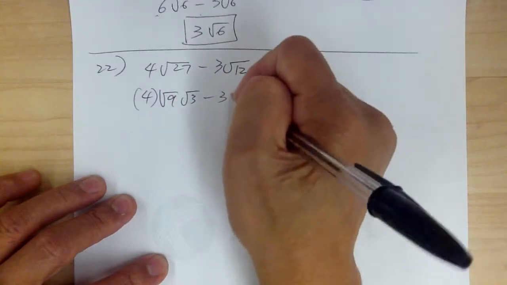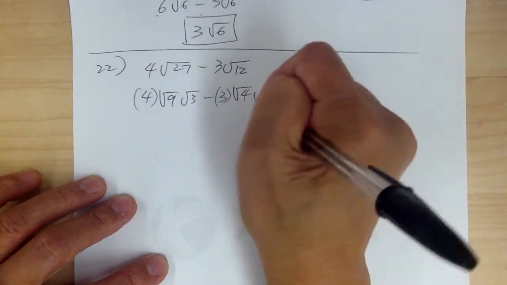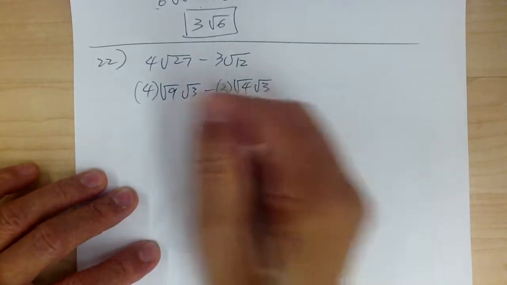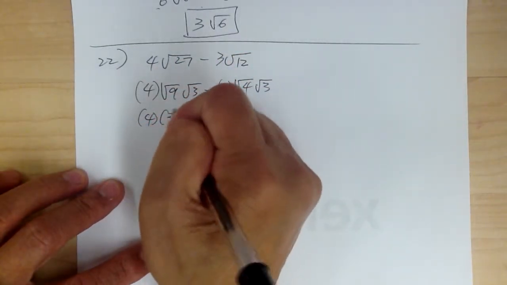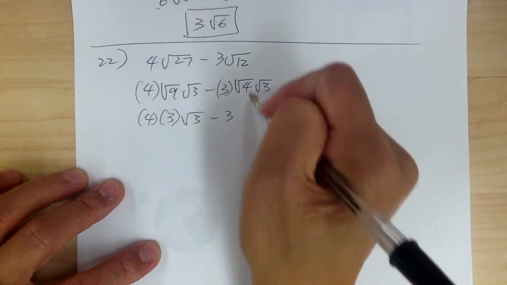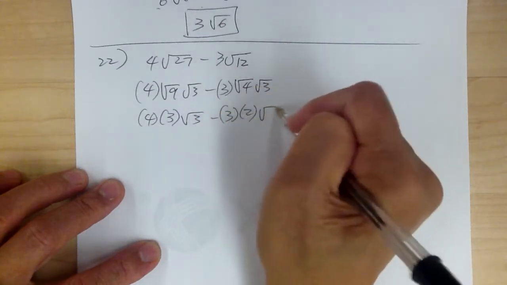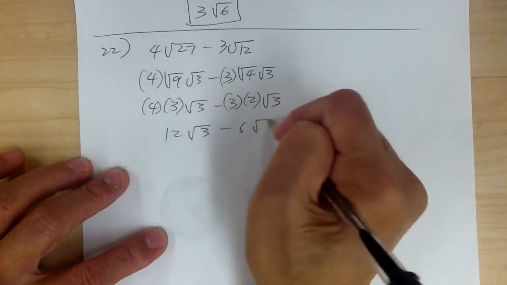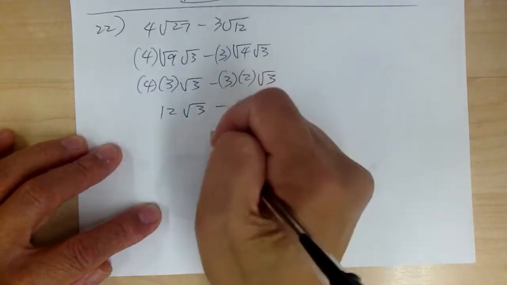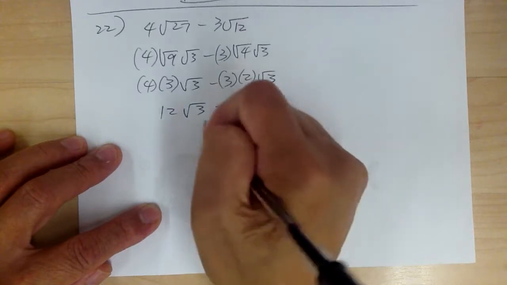And this one I'm going to do square root of 4, square root of 3. So when I simplify, this is going to be 3, and this would be a 2. And when I multiply, I get 12 square root of 3 minus 6 square root of 3. So 12 minus 6 is 6. So 6 square root of 3 would be the answer.